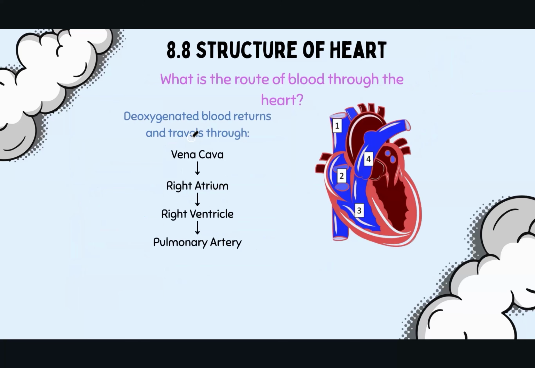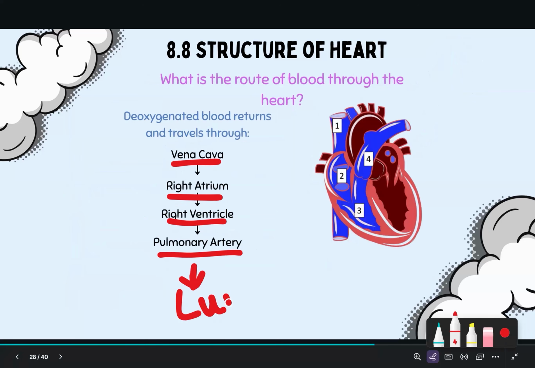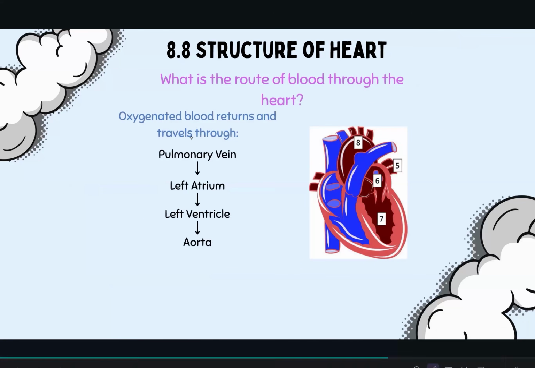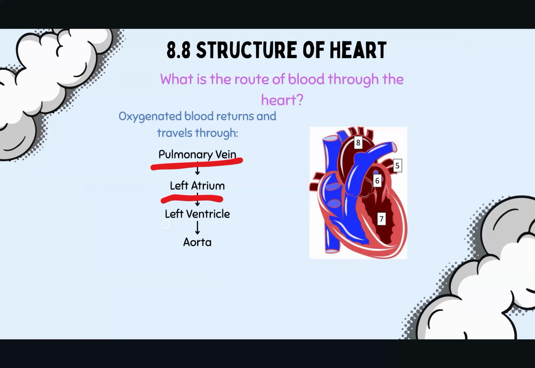Deoxygenated blood goes from the vena cava to the right atrium, the right ventricle, the pulmonary artery, and then to the lungs. Now, oxygenated blood comes from the lungs to the pulmonary vein, through the left atrium, into the left ventricle, then the heart beats again, and the blood is sent out to the rest of the body through the aorta.